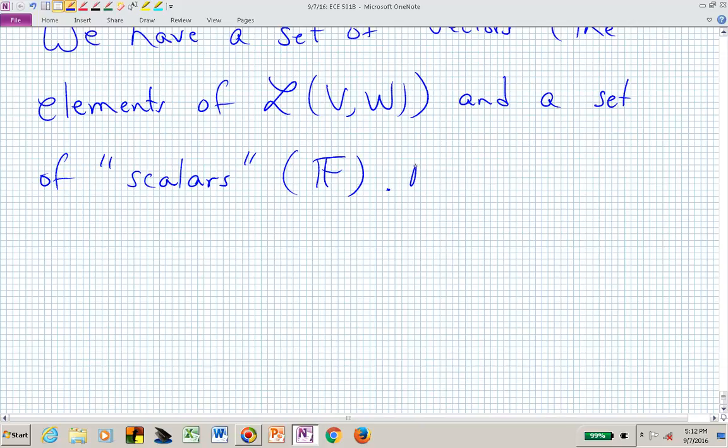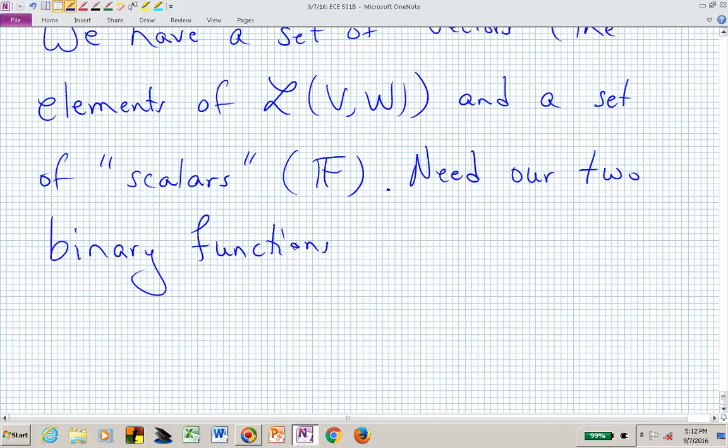And now we need our two binary functions. One is vector addition, and the other is scalar multiplication, where the vectors are now elements in this set of linear maps.